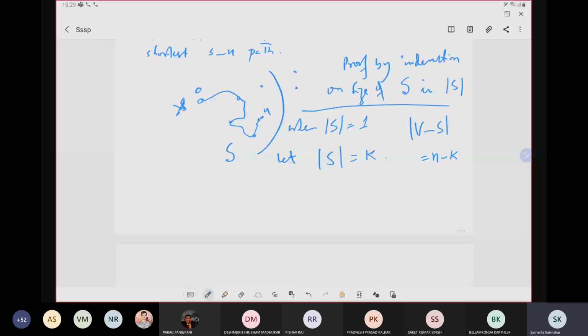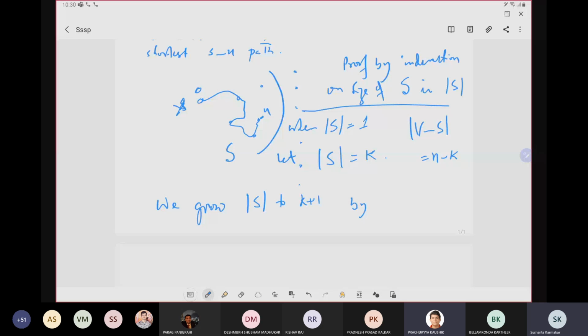We grow S to k plus 1 by adding one node V. Now, where do I add V?